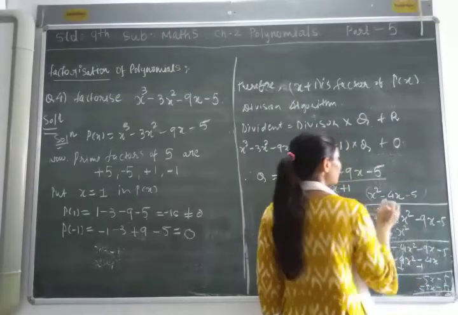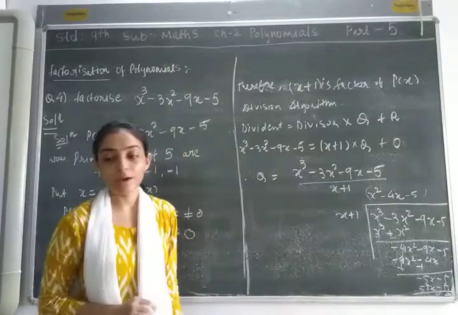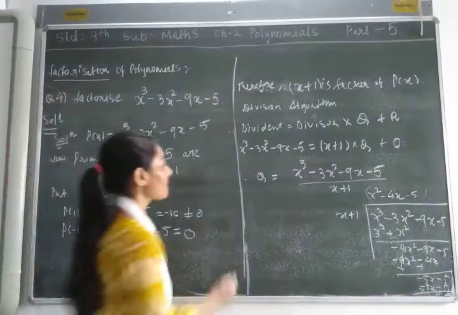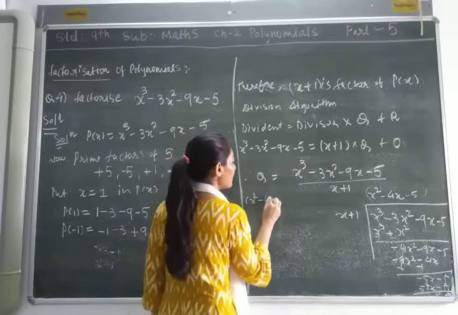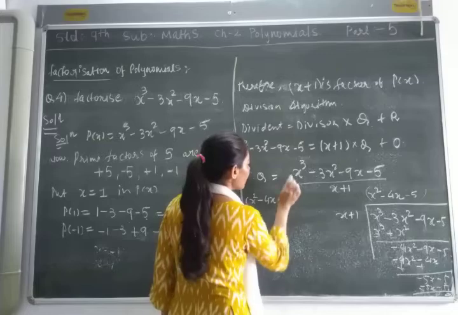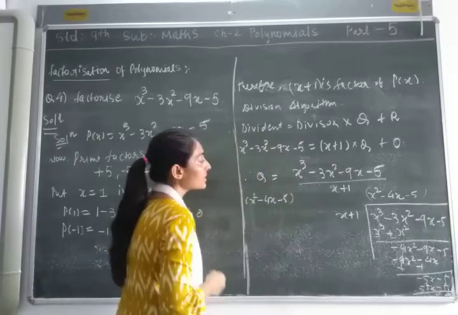So the quotient is x square minus 4x minus 5.